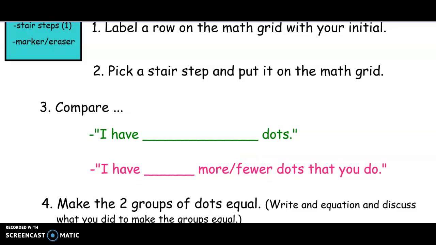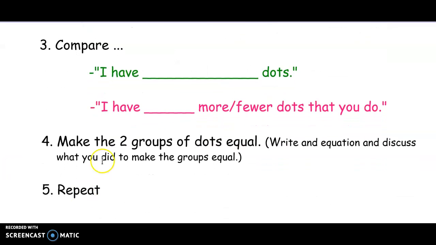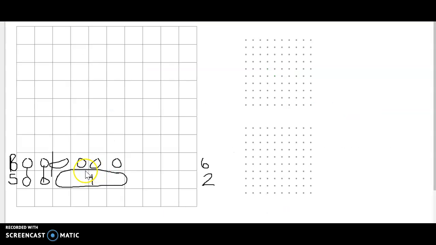Okay, then the next step would be making the 2 groups of dots equal. So we can write the equation and talk about how we made these groups equal. So going back to this, what would we have to do to make these groups equal? We could add 4 more dots for Mrs. Schweitzer, or we could take away 4 dots from me.